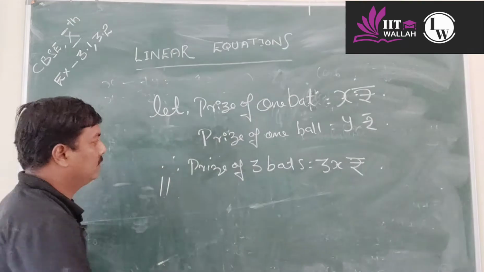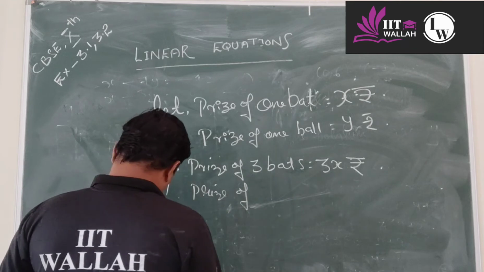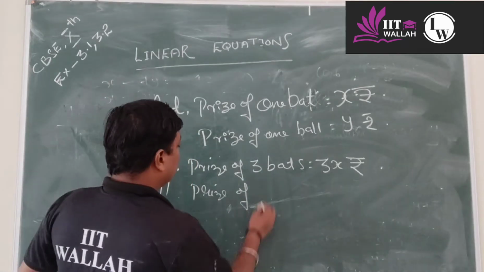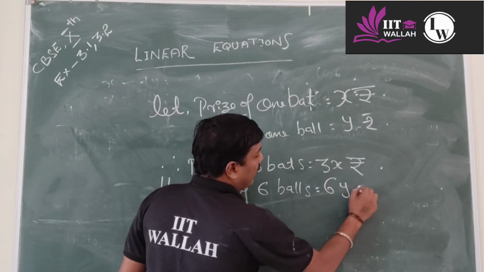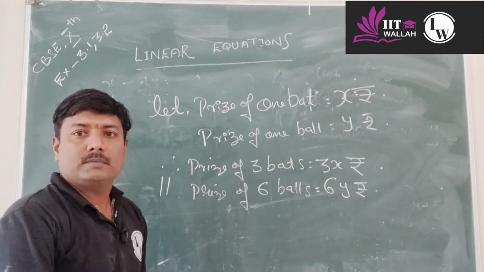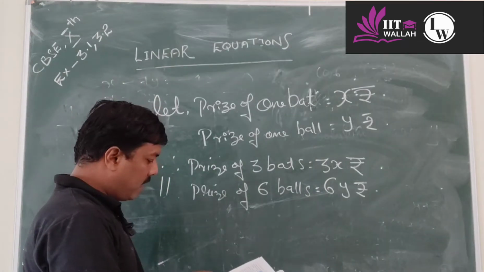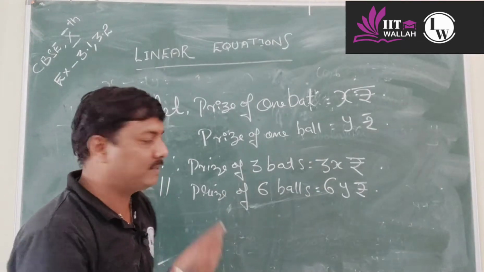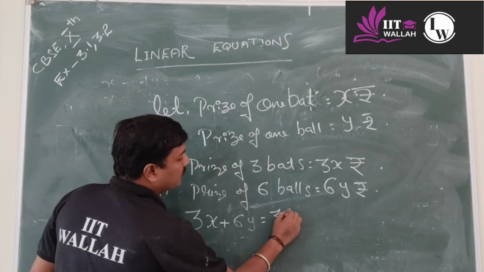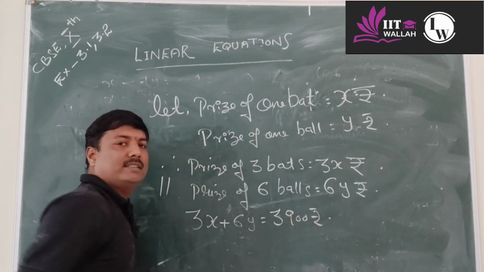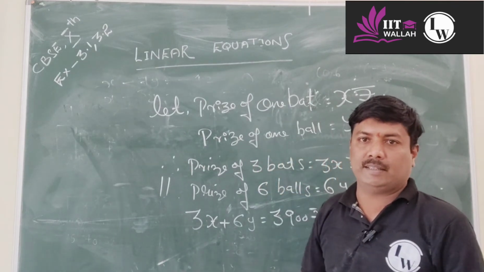Similarly, price of 6 balls will be 6y rupees. Got it? And together it gives 3,900 rupees. That means 3x plus 6y is equal to 3,900 rupees. A little bit costly, but you understood how we made this equation very nicely. Okay?